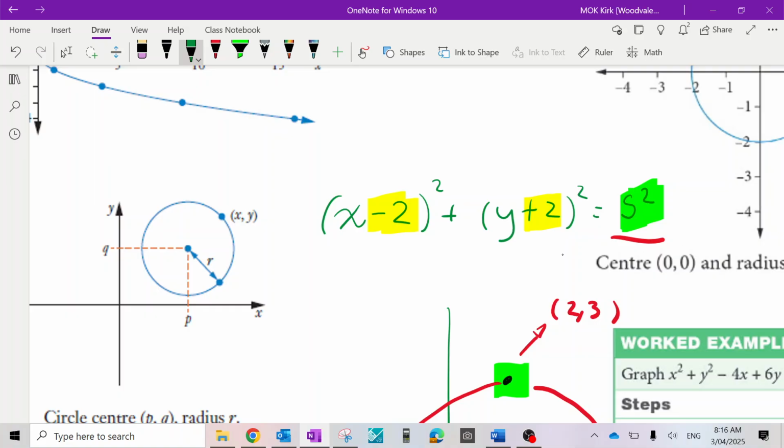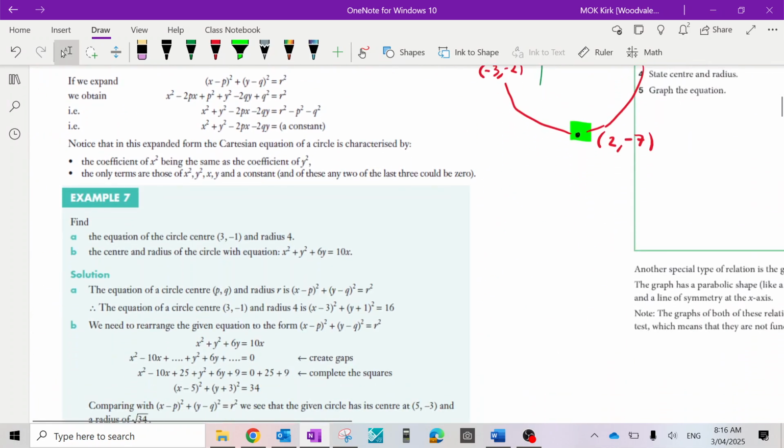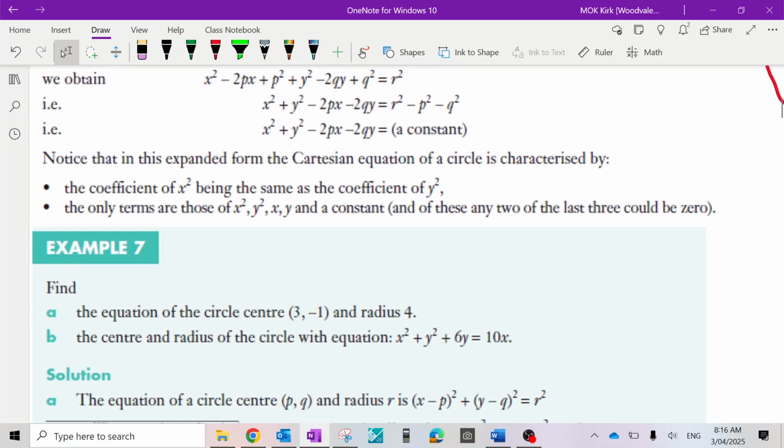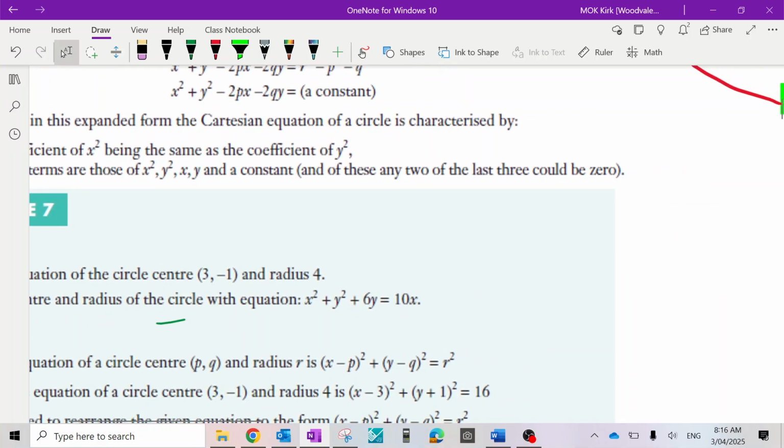Let's erase that for now. So, I just showed you how to do example A right there. What you might need help with is this question right here. Find the center and radius of this circle of that equation. What you should do at this point is some handy-dandy rearranging.